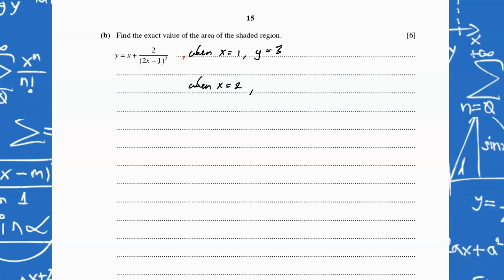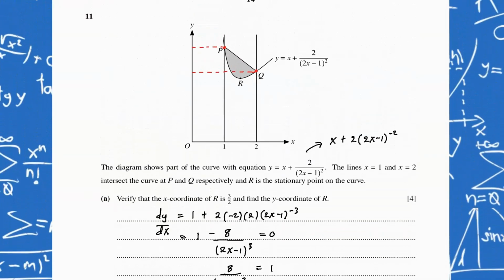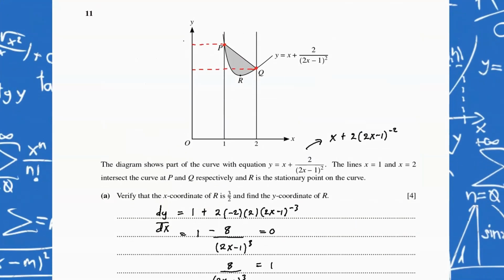Now 2 times 2 minus 1 is 3, so it's going to be 3 squared, that's 9, so it's 2 plus 2 over 9, which is 20 over 9. So that's the value of y when x is 2. Y will be 20 over 9. So essentially we have 3 and 20 over 9.